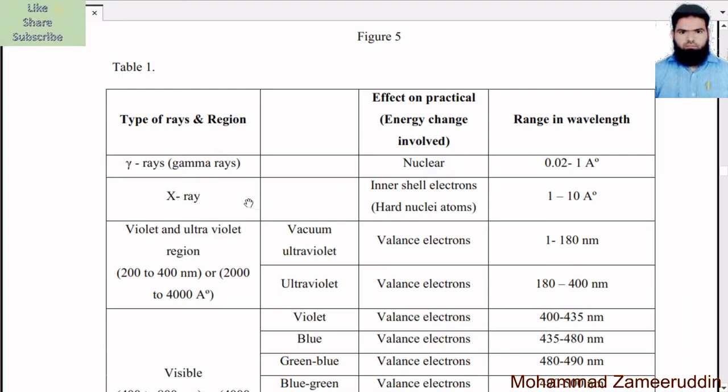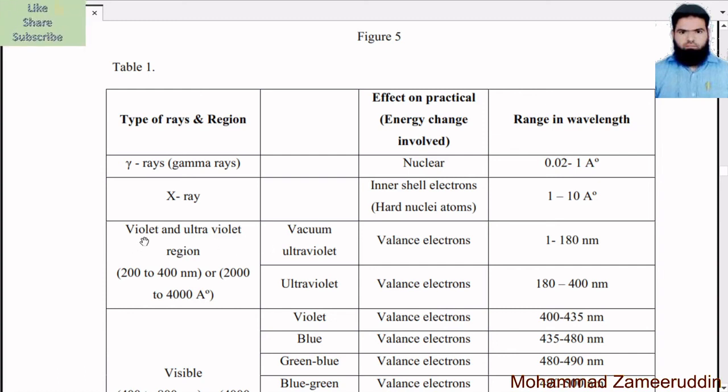Then X-rays affect the inner shell electrons. In the atom, the revolving electrons at the inner shell interact with the X-rays, so they are also harmful to the human body.